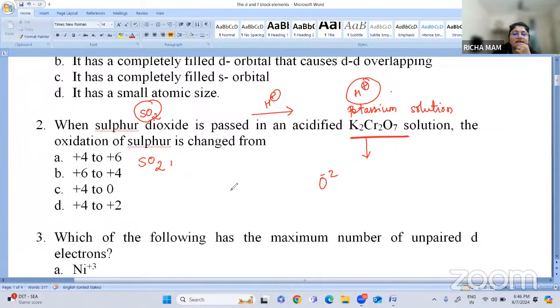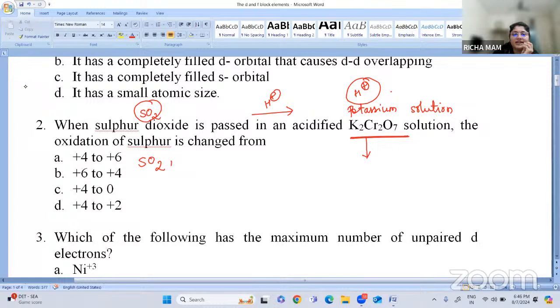Here there are 2 oxygens, so this will be -4 and the charge on sulfur will be +4. So in sulfur dioxide, the charge is +4. It is getting oxidized. So let me write the reaction, how it reacts.